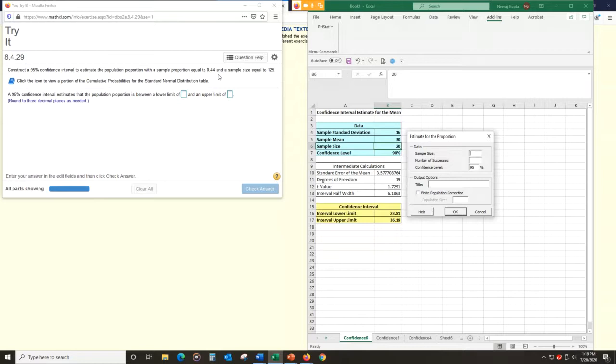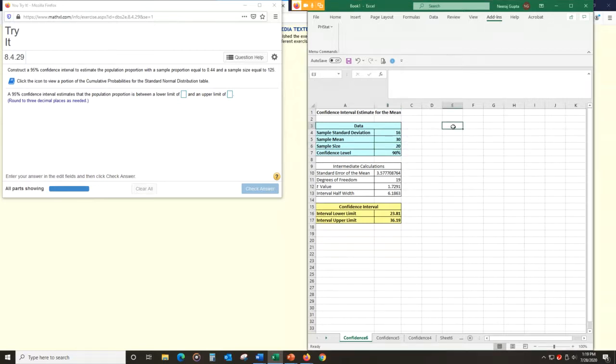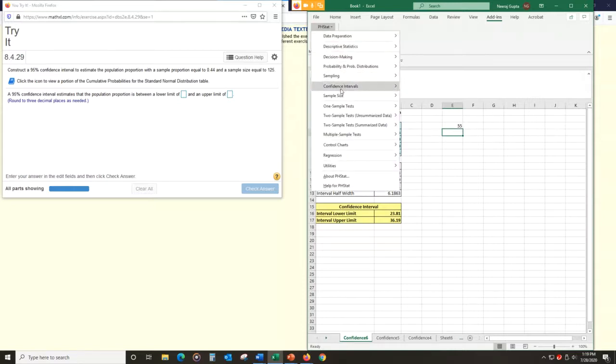You do not know how much that is, so you need to first find that. So 0.44 times 125 is 55. So my number of successes is 55. Now I'm ready to use my confidence interval estimate.